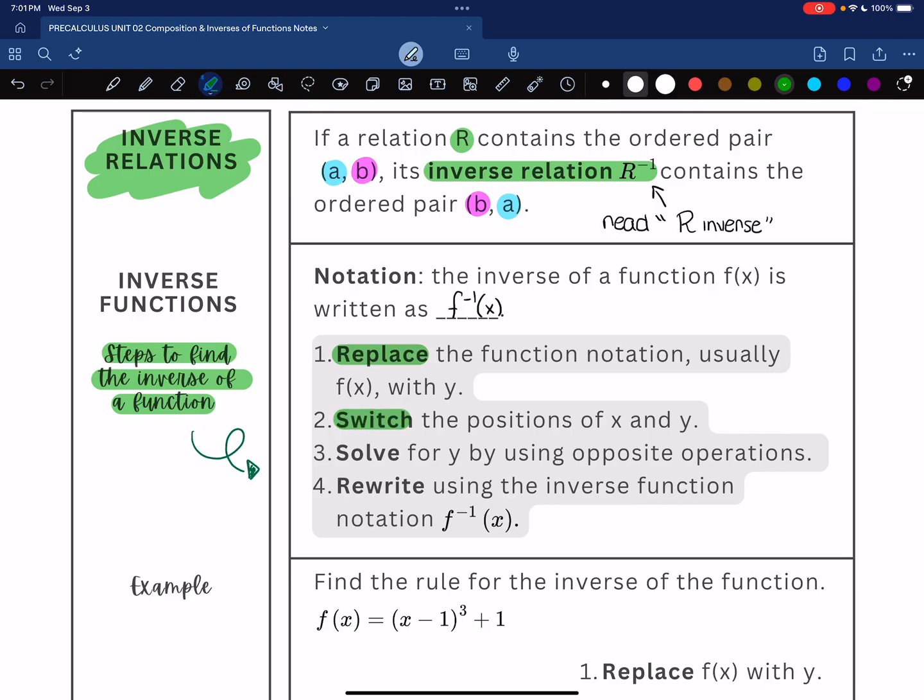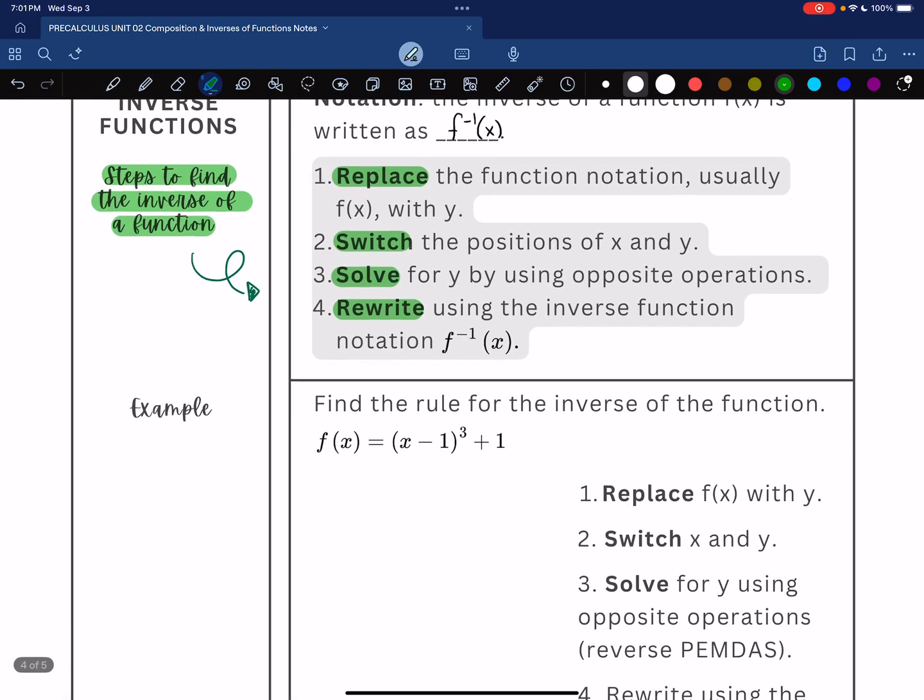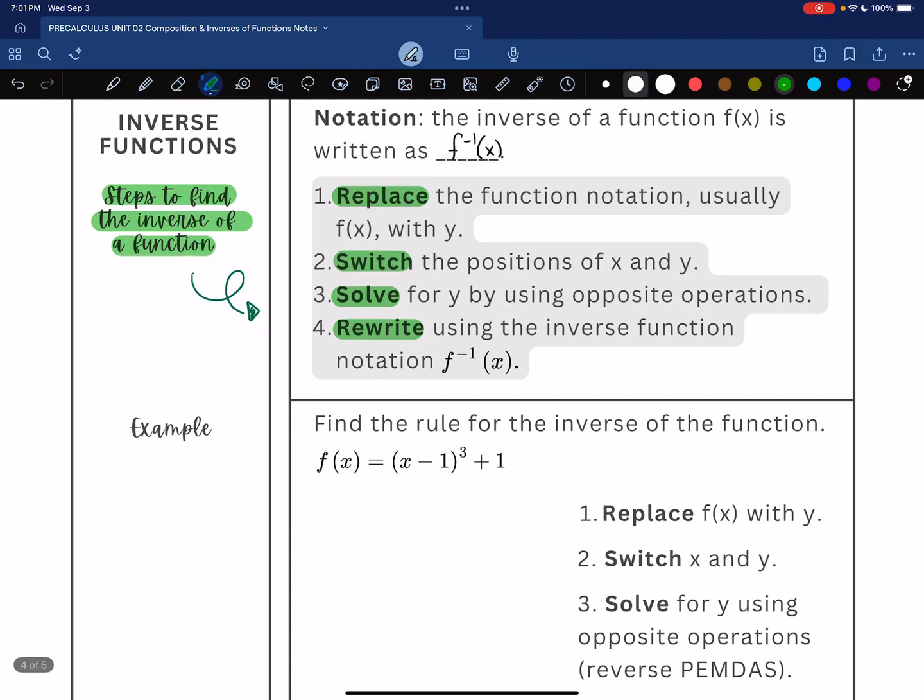You're going to switch the x and y in the equation. Next, you'll tackle step number 3, which is to solve for y by using opposite operations. And then lastly, once you've solved for y, you're going to rewrite that equation using the inverse function notation, f inverse of x. So replace, switch, solve, and rewrite. Those are your key words for the 4 steps when finding the inverse of a function.